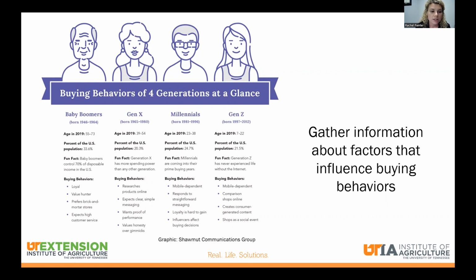So they also like to shop at social events for Gen Z. So that means if you could try to incorporate your flowers into an event or an experience, then they would be heavily influenced to buy cut flowers at that opportunity versus just coming to you individually.